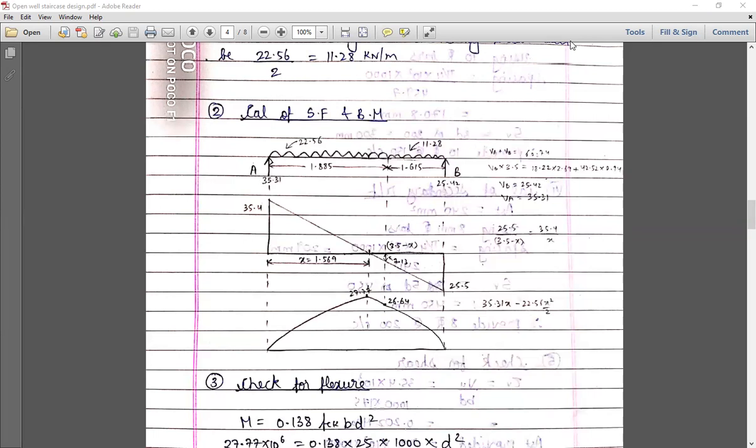Bending moment is 15, shear force is 24. What about others? So 15.24 and 24.82. Okay. So 12. Okay, Abdul is getting 12 bending moment.